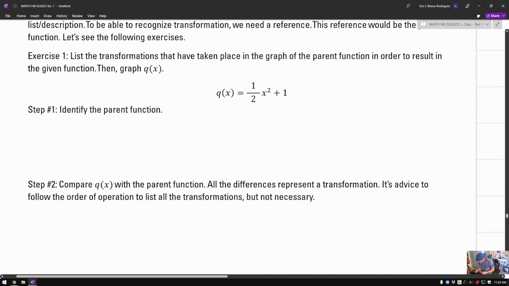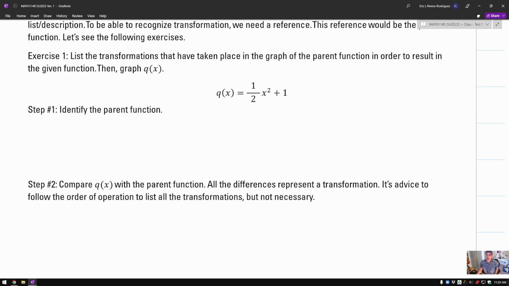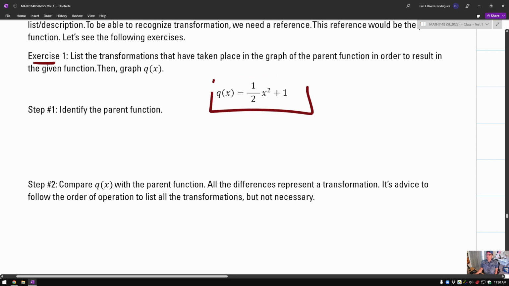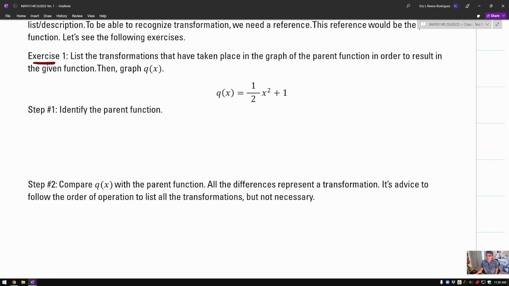The parent function, x to the second power. Perfect. So on exercise number 1, we are given this function. The first thing that we want to do is to identify the parent function.